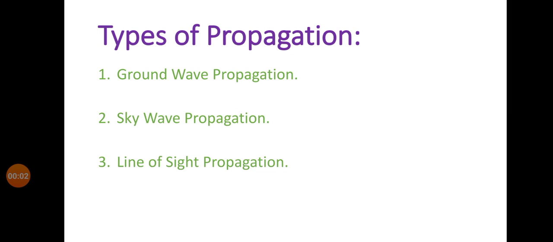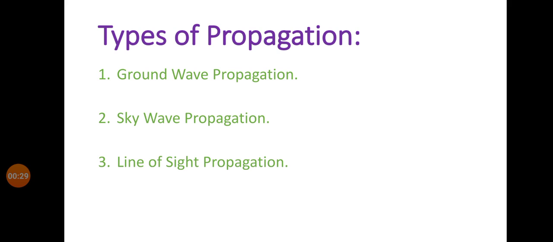Students, in previous lecture we have studied unguided media. And unguided media means what? The information or data can be transmitted without any wire. So how is data transmitted then? Data is transmitted as an electromagnetic signal. Those electromagnetic signals travel in a media, in a media means in atmosphere.